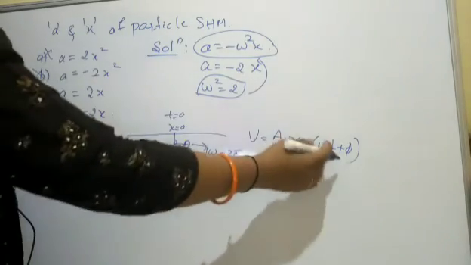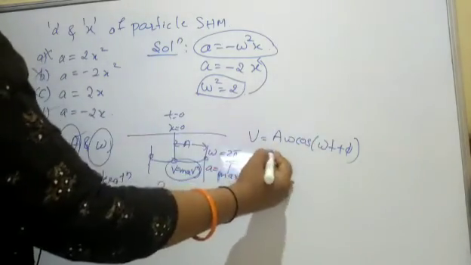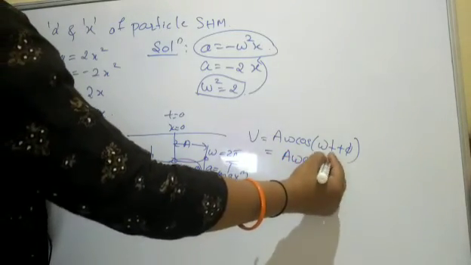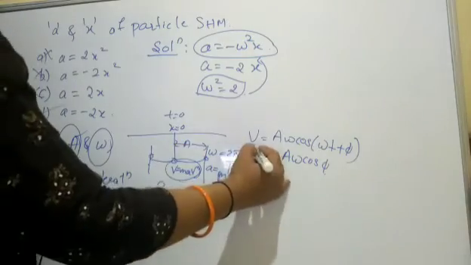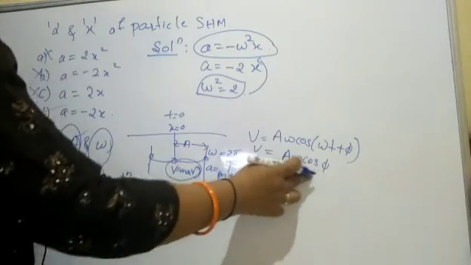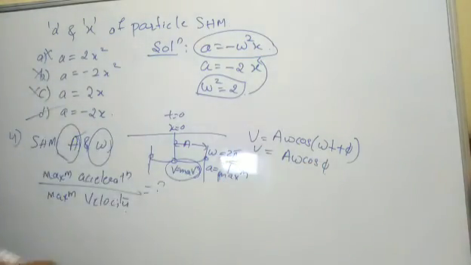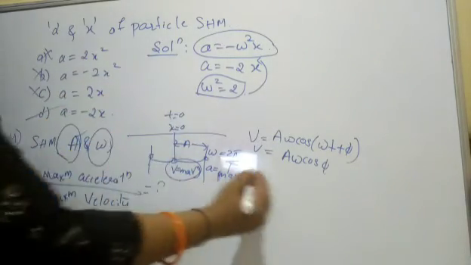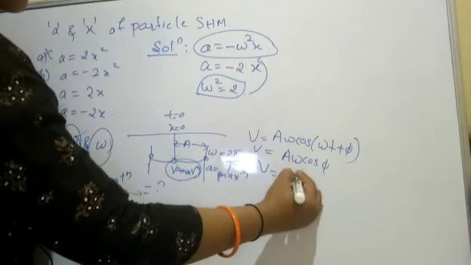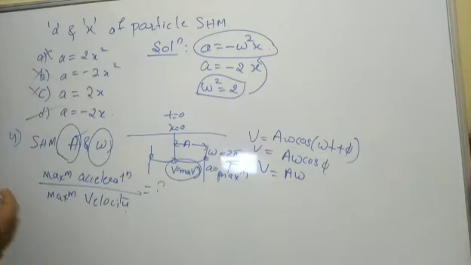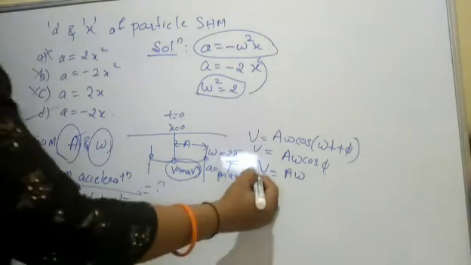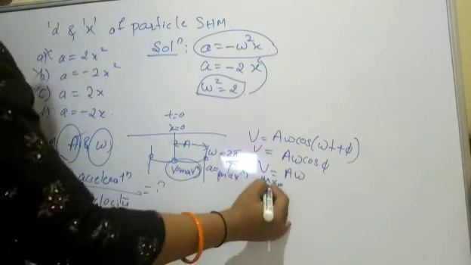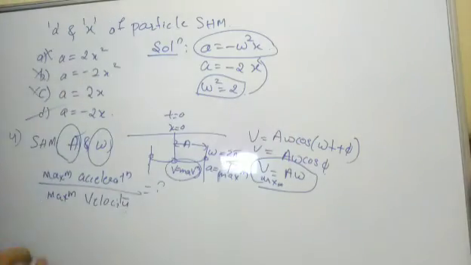That means this whole part remains 0 here. So a omega cos phi is v, when cos phi is 1, when phi is equal to 0 degrees, 0 in the sense at the mean position. So v will be a omega here, cos 0 is 1. So velocity is maximum at the mean position. This we got here.